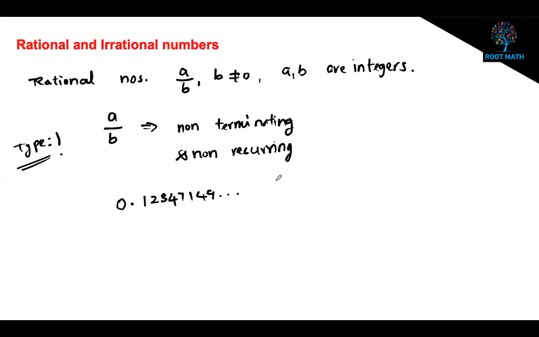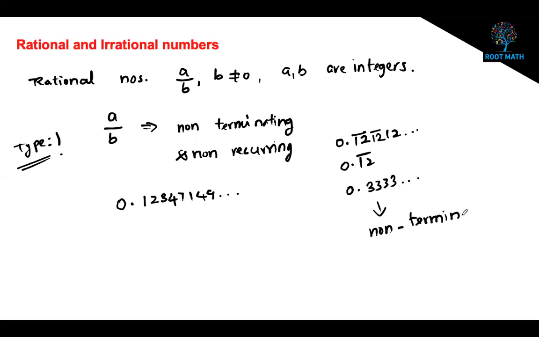Non-terminating and non-recurring. Whereas some numbers you may notice have a certain set of digits repeating. So you can write like 0.12 bar, which means that 1, 2 keeps repeating and is non-terminating also. So when a set of numbers or a single digit keeps repeating, they are said to be non-terminating but recurring.